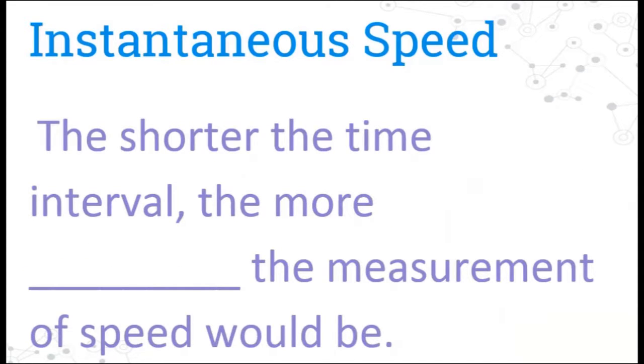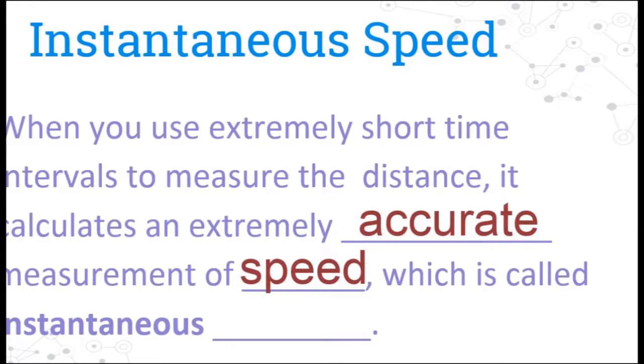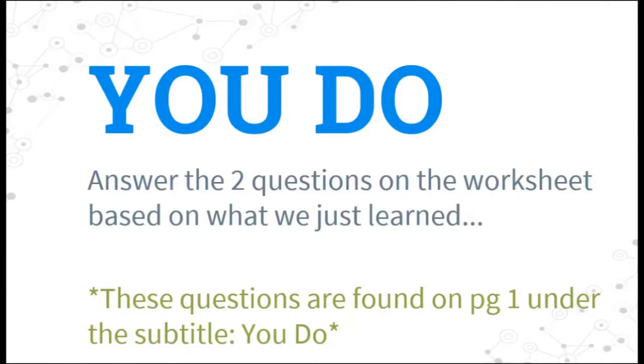So the shorter the time interval means the more accurate your measurement of speed would be. So the higher the accuracy, the more instantaneous the speed is. So when you use extremely short time intervals to measure the distance, it calculates an extremely accurate measurement of speed. And so this is what we call instantaneous speed.